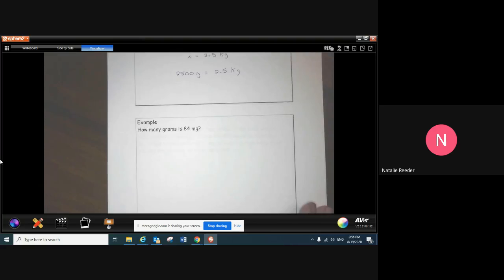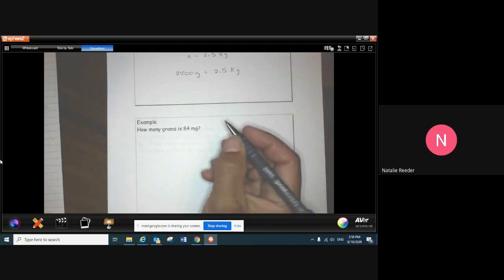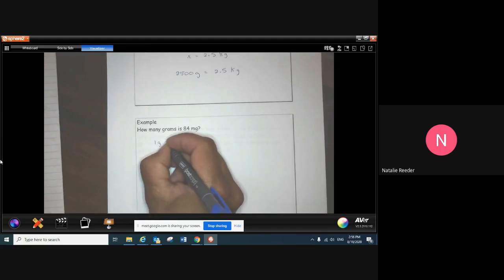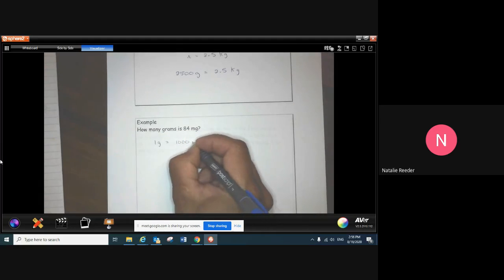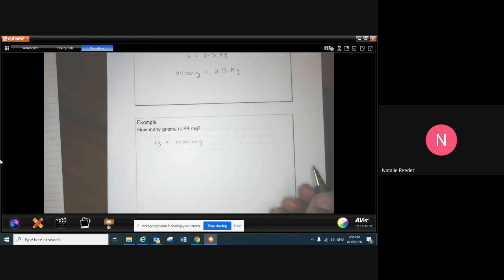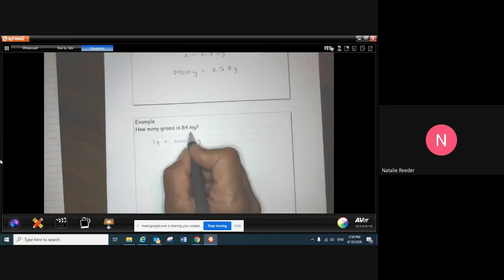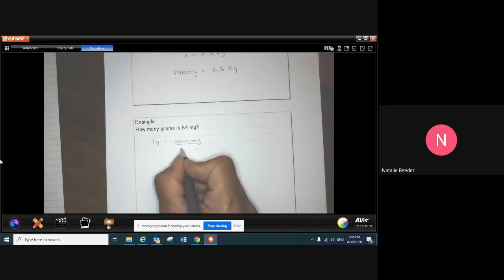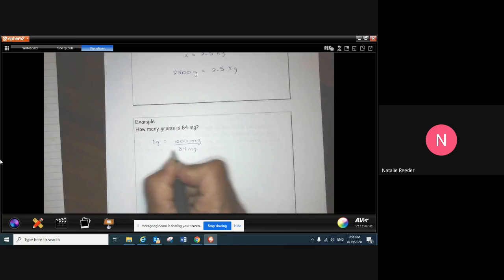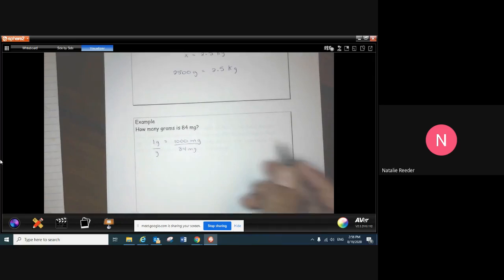This next example says how many grams is in 84 milligrams. In the conversion table, you will see that 1 gram is equal to 1,000 milligrams. So that's our start. And we want to know 84 milligrams is equal to how many grams?